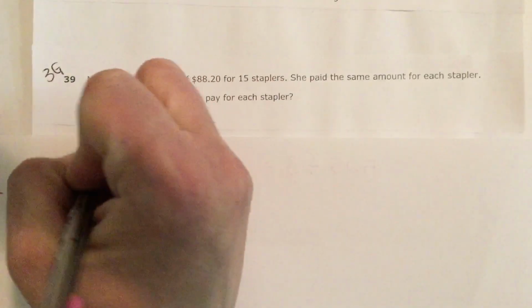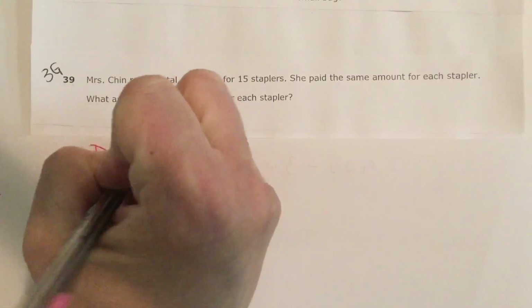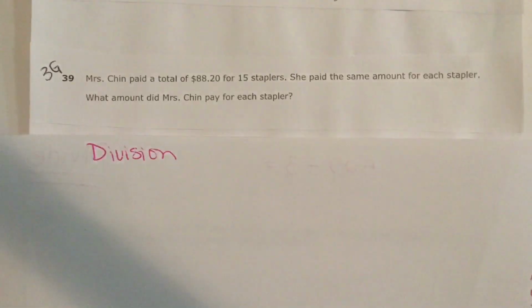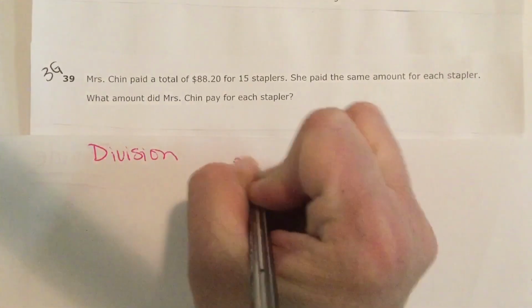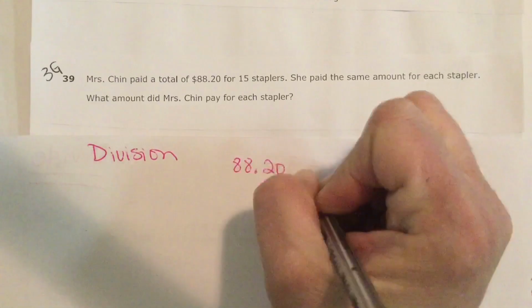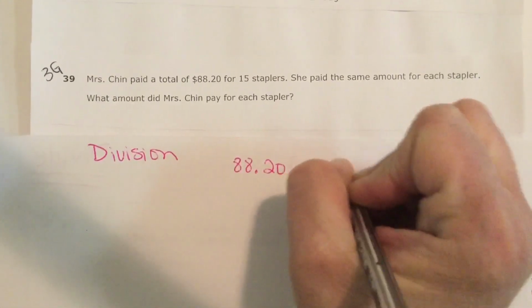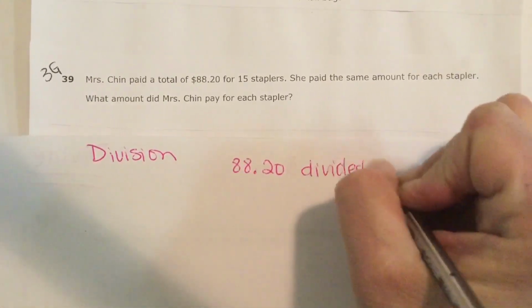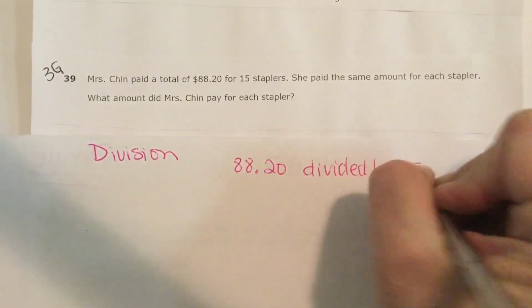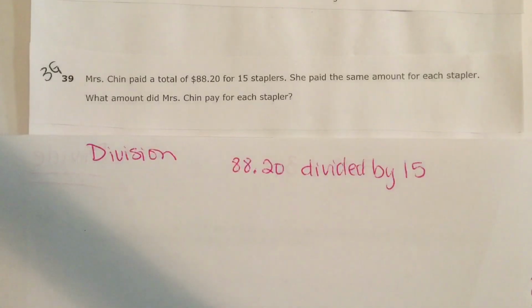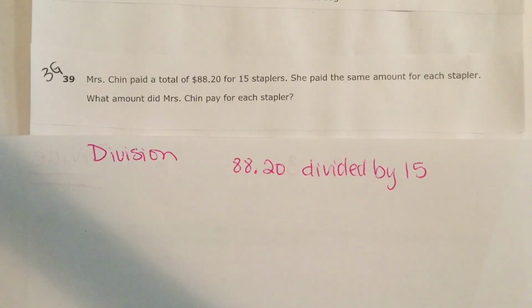Okay, the operation is going to be division, and the equation would be $88.20 divided by 15.